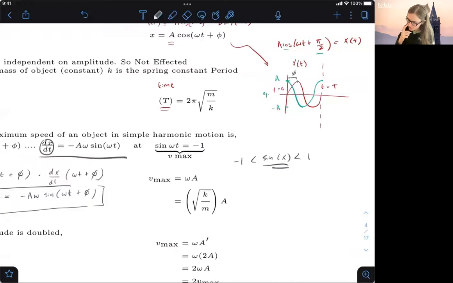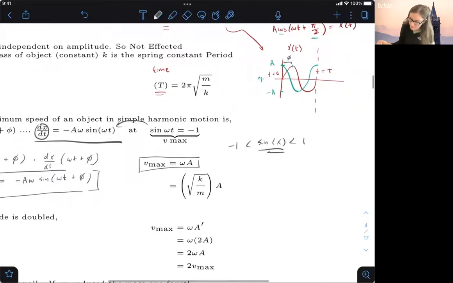Well, if I choose sine of wt to be -1, that's going to be my biggest maximum. So my Vmax is equal to WA, right? If I plug in -1, the biggest value that I can get, and cancel out that negative, this is going to be my Vmax.